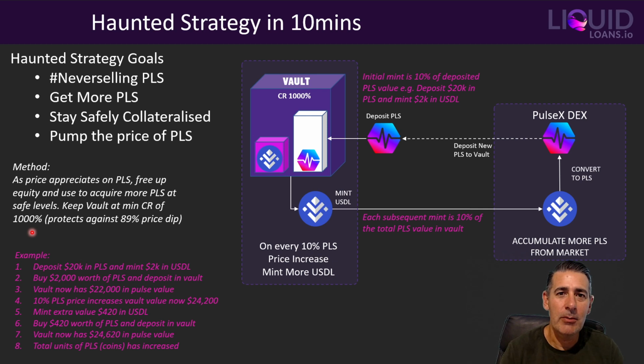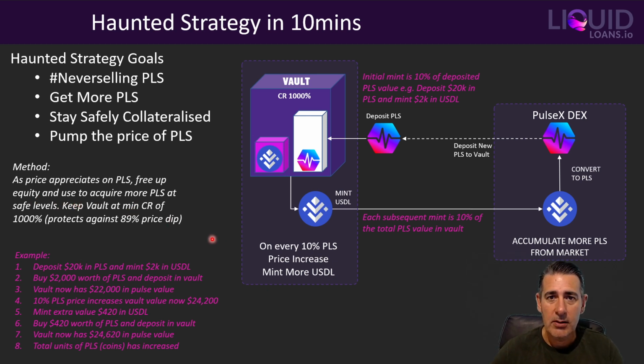So how do we free up some of that economic value without having to sell it? Unlike Bitcoin and other things, where if you want to release the value you need to sell the asset, that's what Liquid Loans is good for, never selling. So as the price of Pulse appreciates, we're going to free up some equity, and we're going to use that equity to acquire more Pulse.